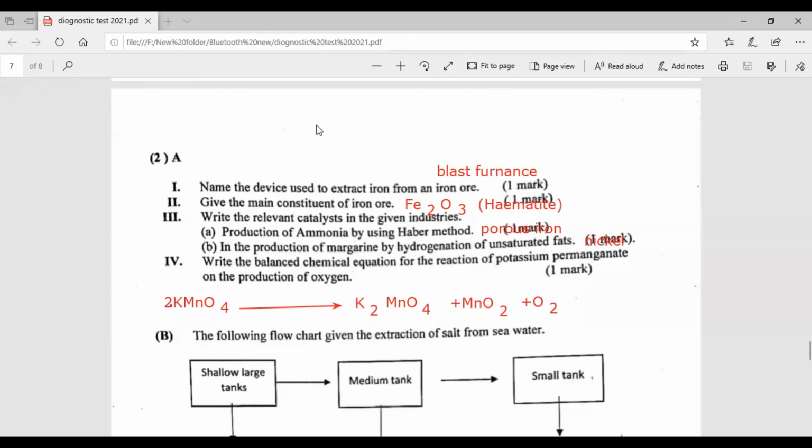Here, you have to put this symbol, a triangle, which denotes the heating.